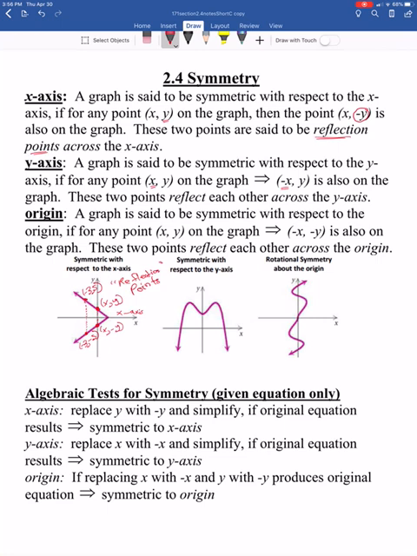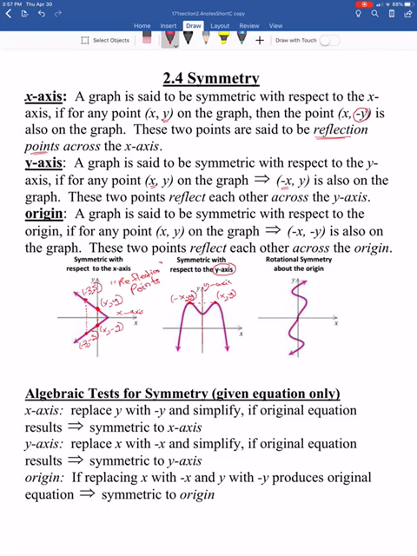Going back to the x-axis, the x-axis splits that graph right down the middle, cutting it in half into equal parts. Just like the second graph, we've got a graph in which the y-axis splits this graph right down the middle and cuts it in half in two equal parts. We have symmetry. If you look at any ordered pair on the graph that's symmetric with respect to the y-axis, if you reflect about the y-axis, you're going to find the ordered pair (negative x, y) on there.